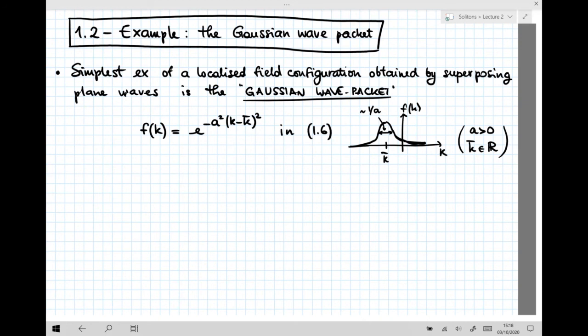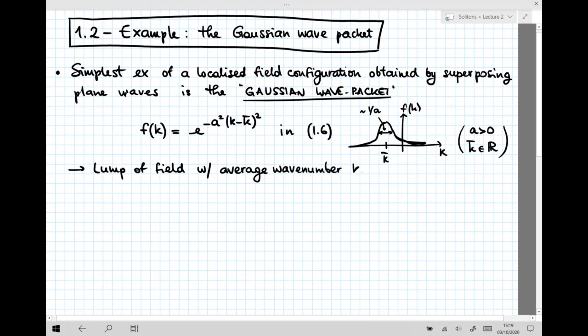So this describes a lump of field with the average wave number k bar and a spread of wave number, or width in Fourier space, which scales like 1 over a.